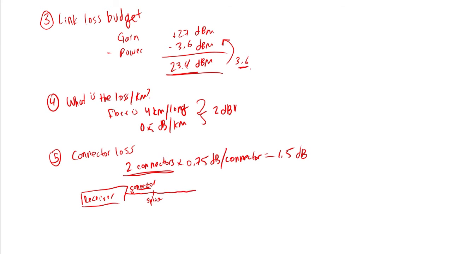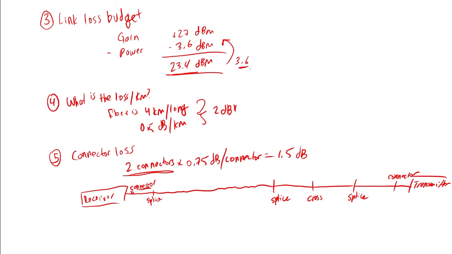If it's not, you may have a splice. Depending on how complicated the run is, you may have other splices, or you may have a cross connect. You may have another splice, and then connector, and then your transmitter. So splices don't use up much of the budget, but connectors do.